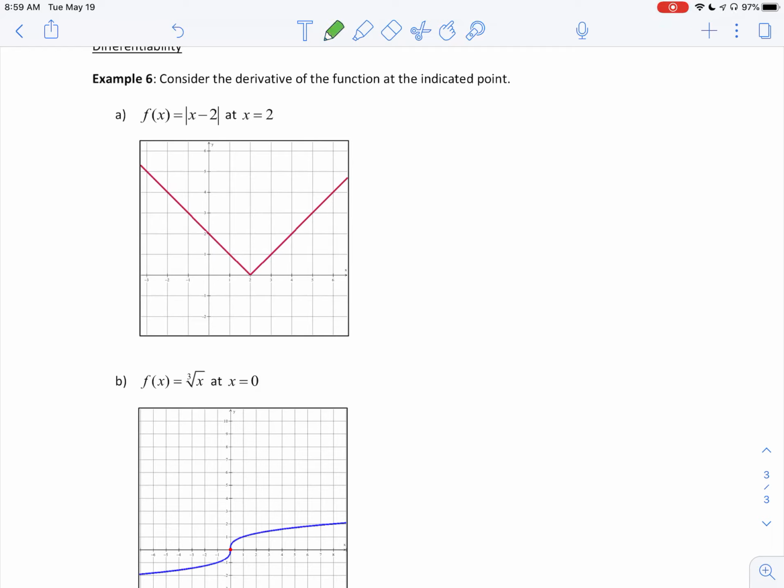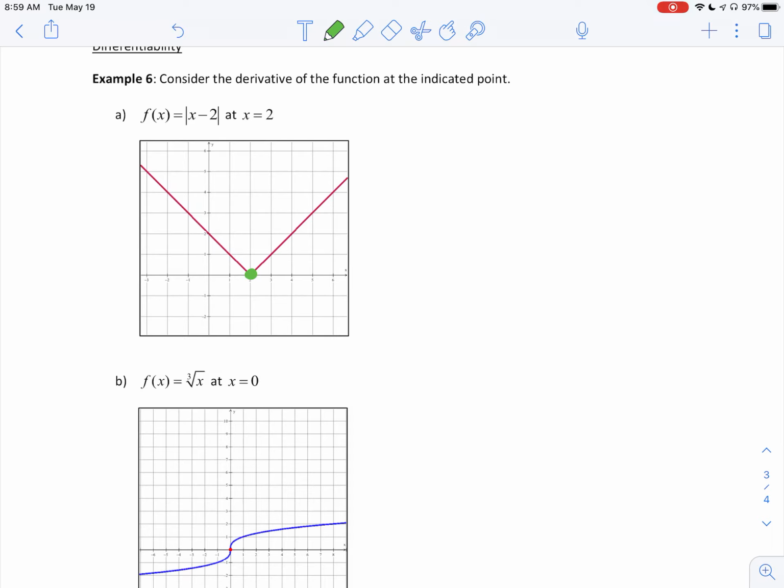Okay, so let's take a look at this example 6a. So you see we have this absolute value function drawn out here, and I want to look specifically at x equals 2, which would be this vertex point right here. Okay. All right, now again, think about the fact that a derivative function is finding the slope of the tangent line.